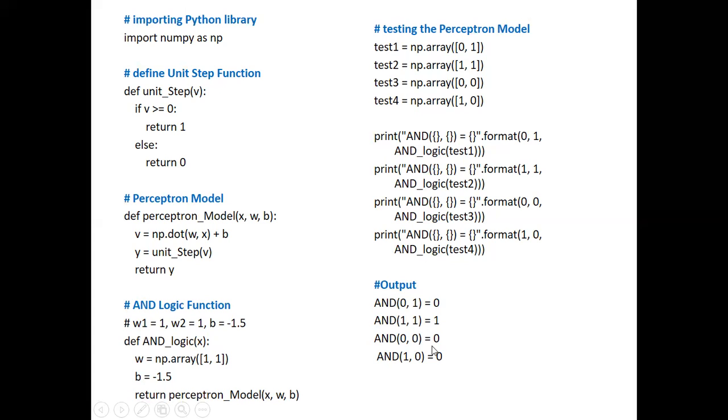Input is 0, 0, output is 0, and input is 1, 0, output is 0, right? This is a proper AND gate with a proper output. Is it fine? So this is a simple perceptron program which is implementing an AND gate. So whenever these binary values are given, 0, 1 will give you 0, 1, 1 will give you 1, 0, 0 will be 0, and 1, 0 will be again 0. Is it fine?